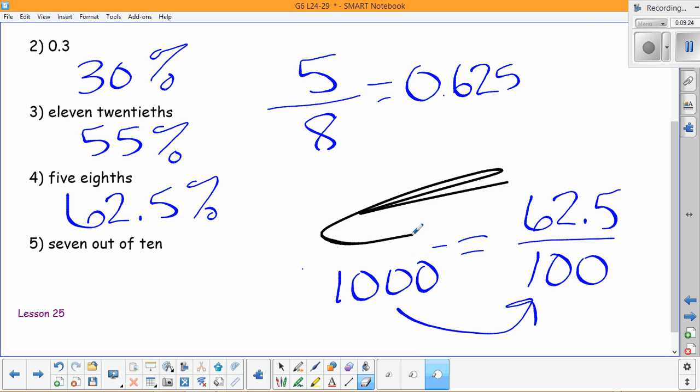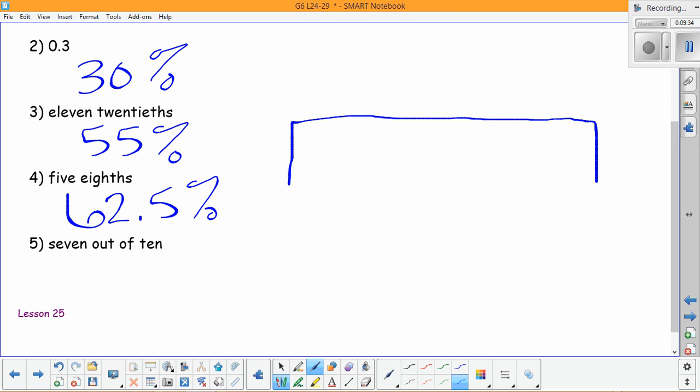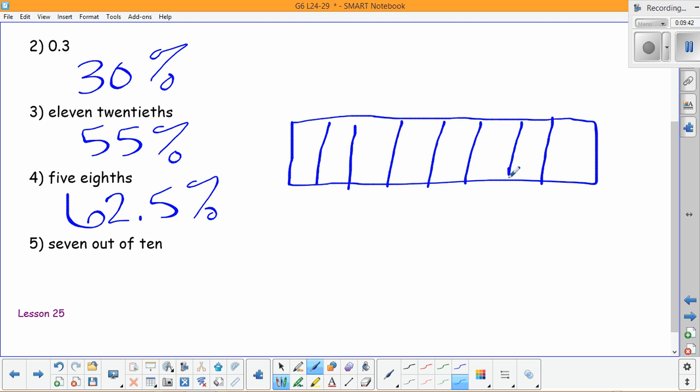And let me show you what this looks like in a tape diagram. If I split up something into 8s, okay, so there's my tape diagram, split up into 8s. 1/8 of 100 is not something we can do.